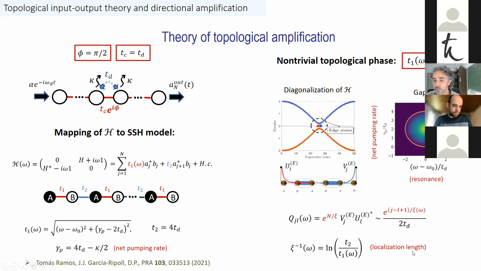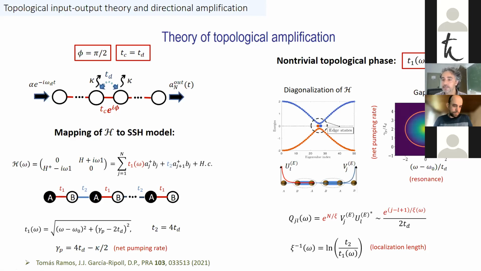So this allows me to bring all the physics from topological insulators, in particular for SSH models, and use it to predict or to analytically calculate the Green function determining the input-output relations in this particular example.